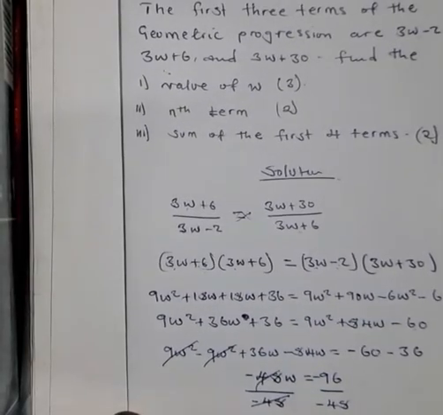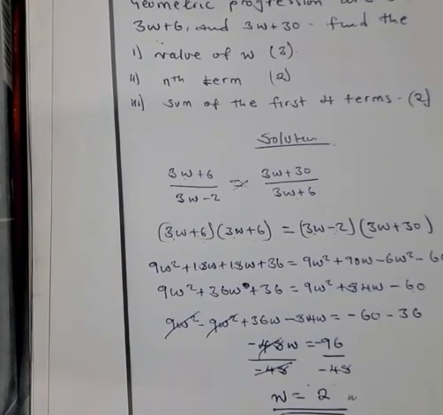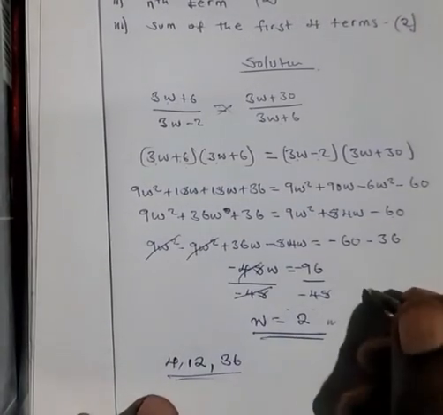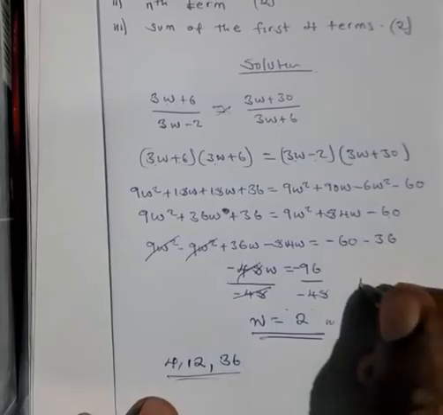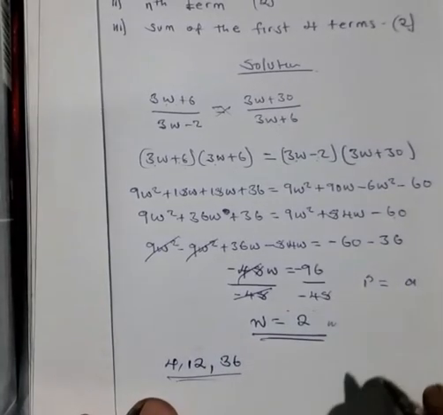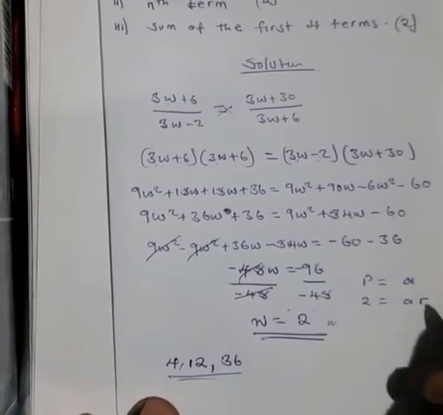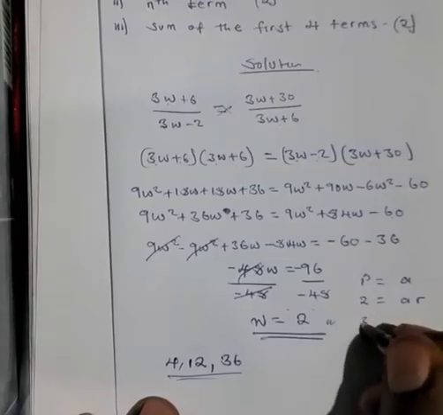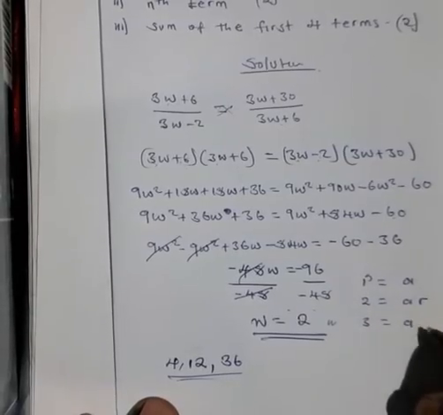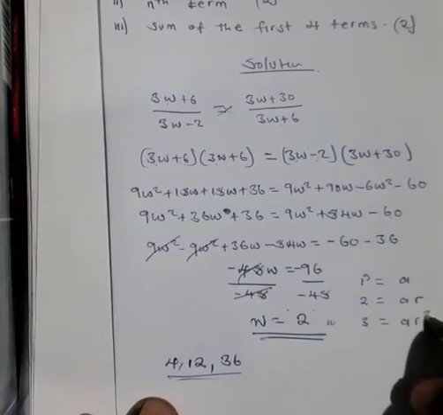So the second question says the nth term. Do I still remember the nth term? Let's try. So the first term is always a. Then the second term is a and the common ratio. Then the third term is a and the common ratio to the power 2.